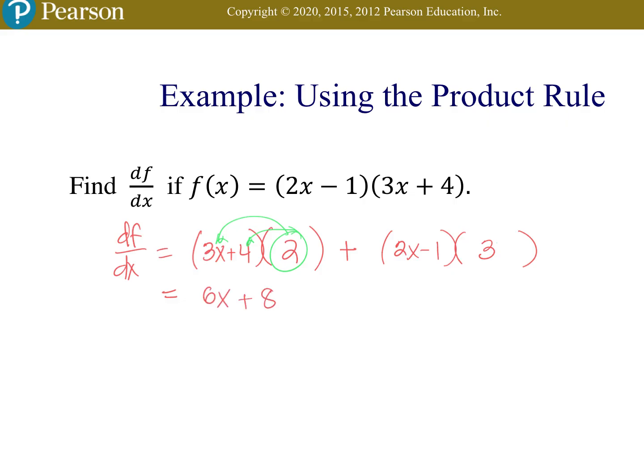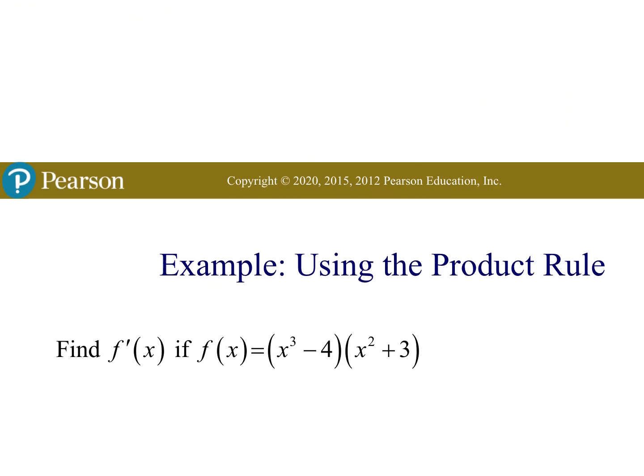And then I do the same thing with the 3. I distribute that. I end up with 6x minus 3, so my whole derivative becomes 12x plus 5. Any questions on that so far? Okay, so just keep practicing that a couple times.